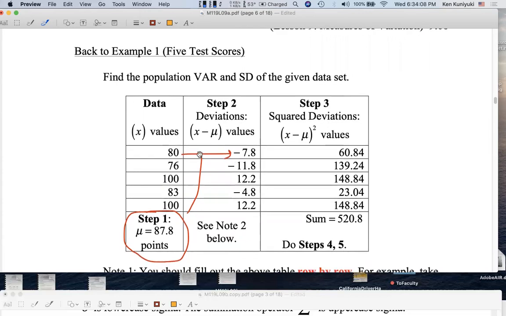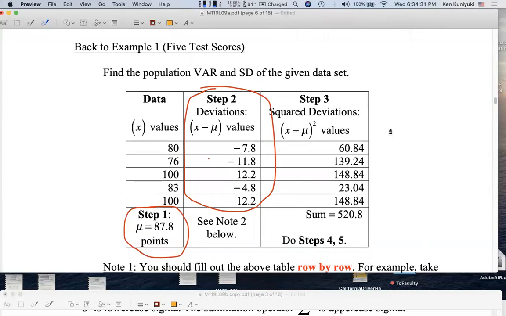It was 7.8 points below the mean. And so forth. We subtract off the mean. This was way below the mean. This was above the mean. That's a positive deviation. Below the mean, above the mean. All right. So these are the deviations from the mean in this column.